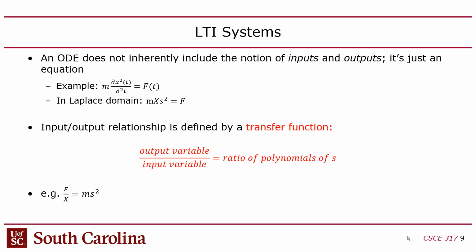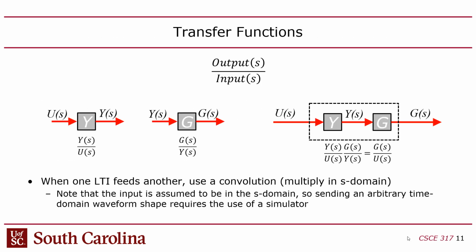And the advantage of transfer functions is that you can compose them. You can take a transfer function and join it to another transfer function to get the overall top-level transfer function, like a hierarchy, or an abstraction.